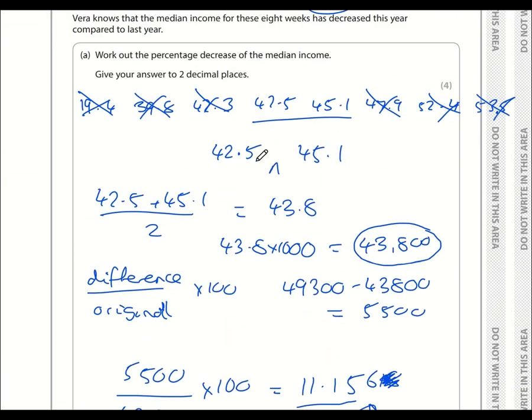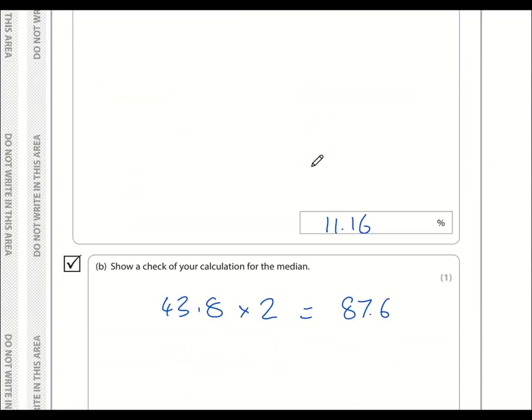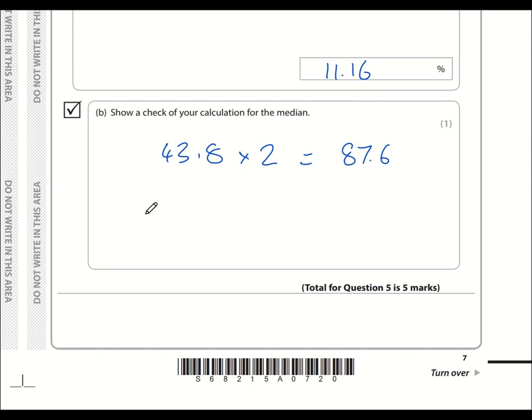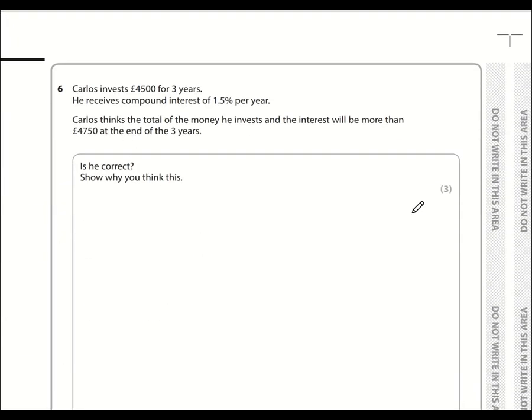And the 2 values that we were looking at were 42.5 and 45.1. So 87.6 needs to equal the sum of 42.5 and 45.1. And luckily 42.5 plus 45.1 does indeed equal 87.6, so we know we have the calculation for the median spot on. Okay, moving on to question 6.